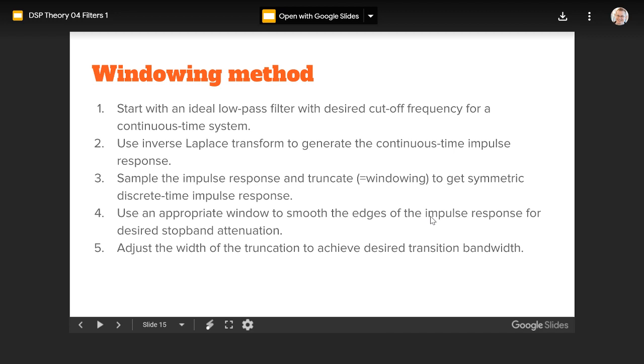Multiplication in time space is the same as convolution in frequency space. Meaning that the final discrete-time finite impulse response system, with the sample rate over 2 put here, looks somewhat like this.